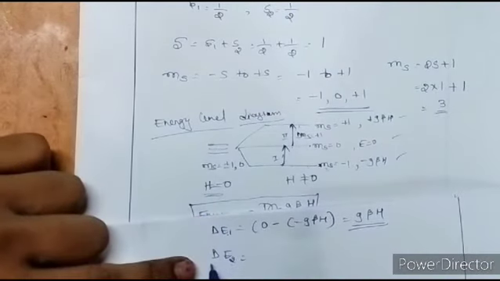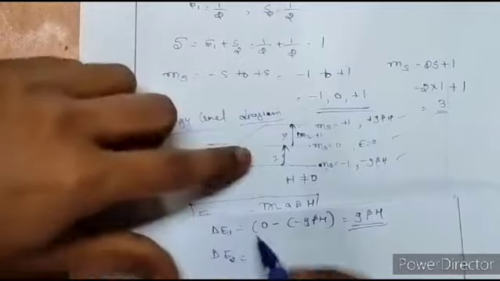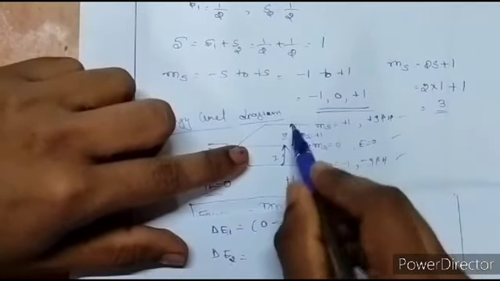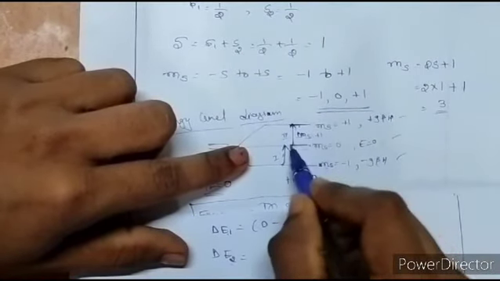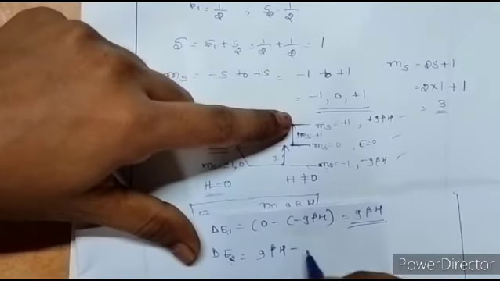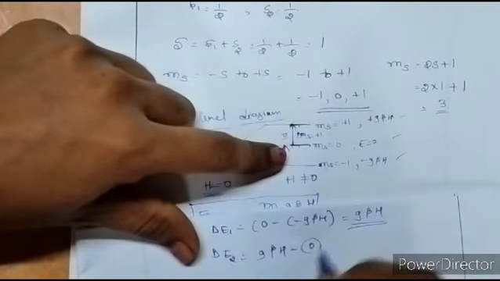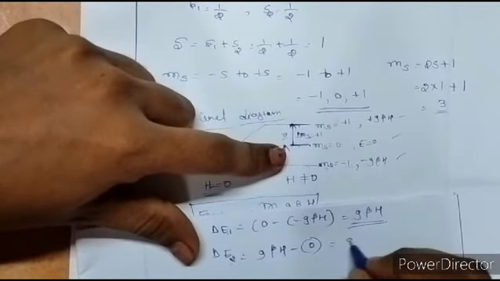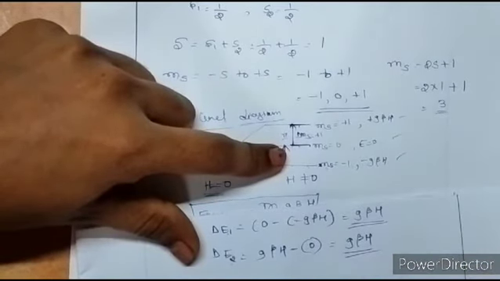Similarly, what is the expression for delta E2? That is the energy of this level minus the energy of this level. We know the energy for this level is g beta h, minus the energy for this level, which is 0. So it is simply g beta h.